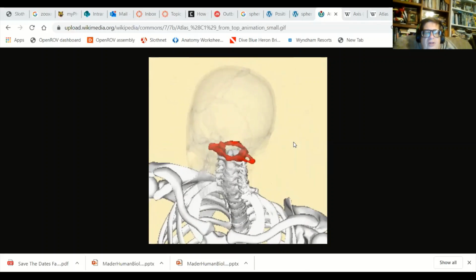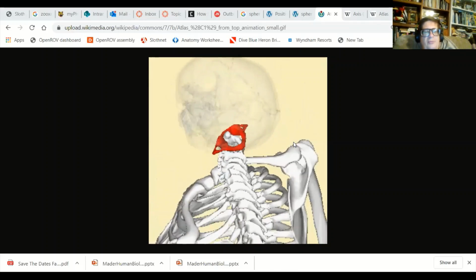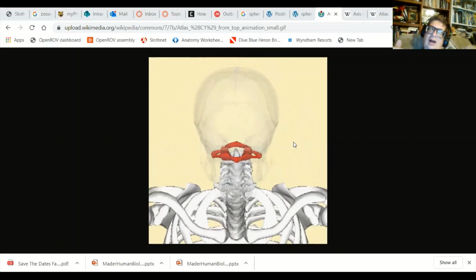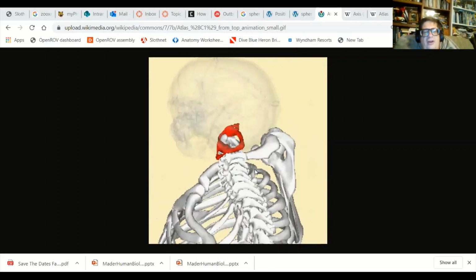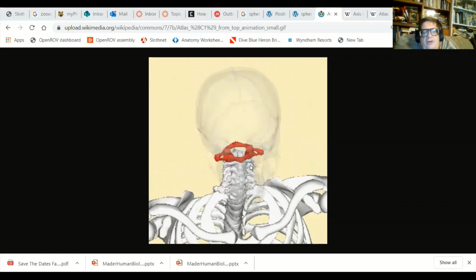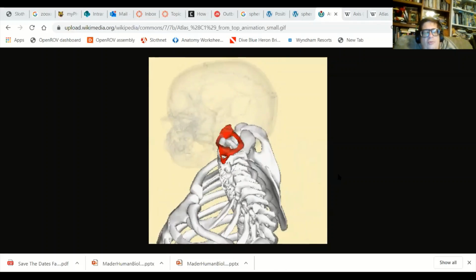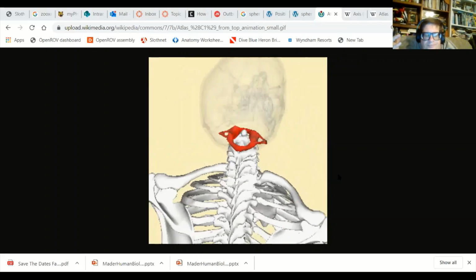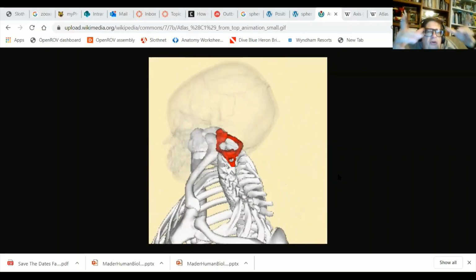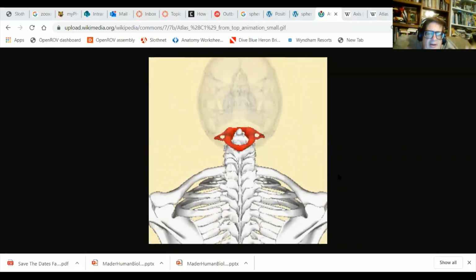The circle of Willis allows you to have multiple ways of getting blood to the brain, and if one of those vessels gets blocked, other ones will work. So you can still deliver blood through this vertebral artery, through that vertebral artery. You could deliver it through the carotid artery on either side. All of those go up to this circle of Willis. This supplies blood to the base of the brain.